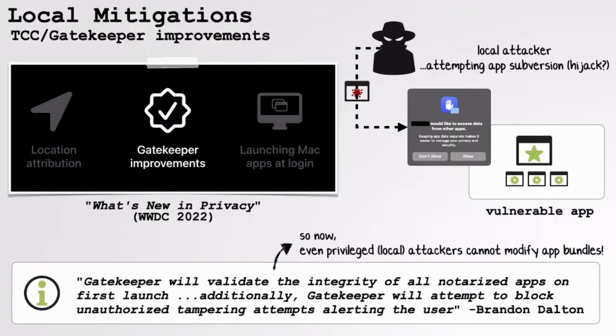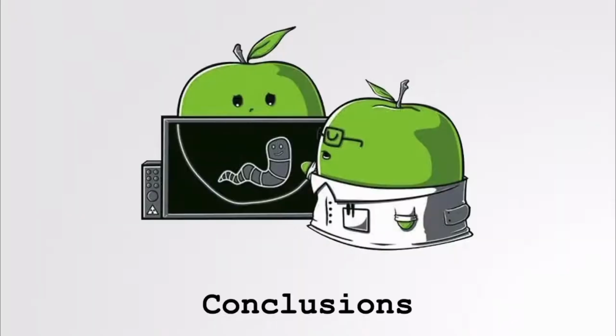So if you try to inject a dynamic library into something that's vulnerable, when the user goes to double-click it, macOS will revalidate the app bundle, see that someone has tampered with it. The code signing information will obviously be broken, and that's a problem. Also, TCC now protects applications, so even if I'm a local user with root privileges, I would not actually be able to write to the application bundle.